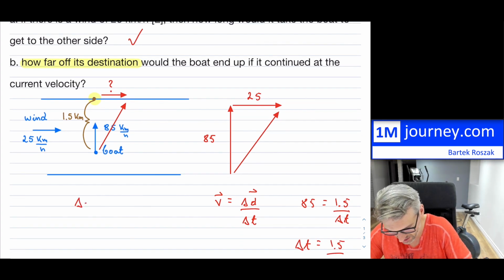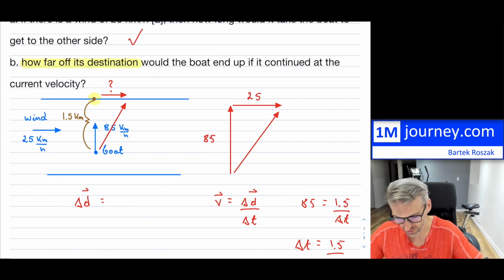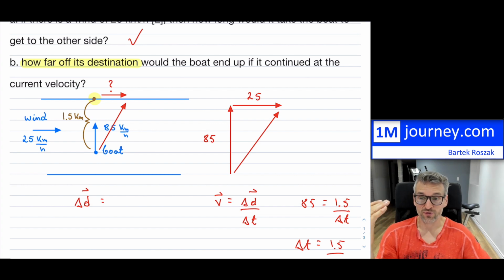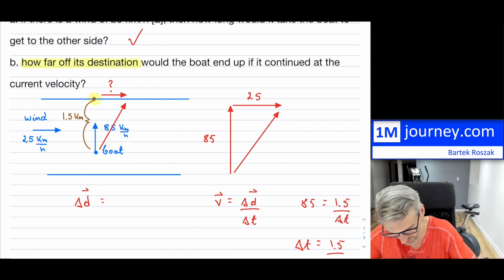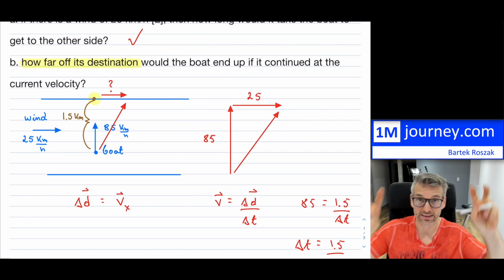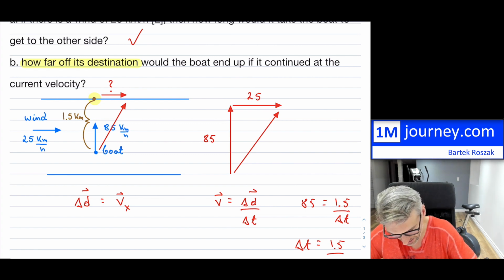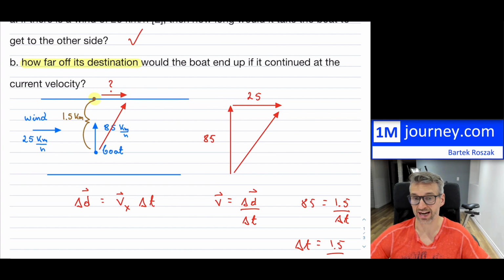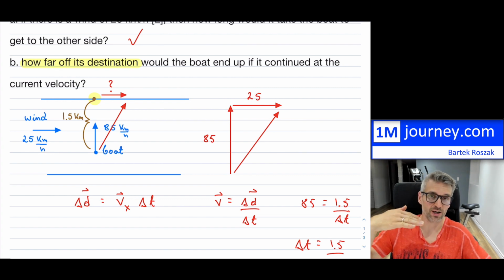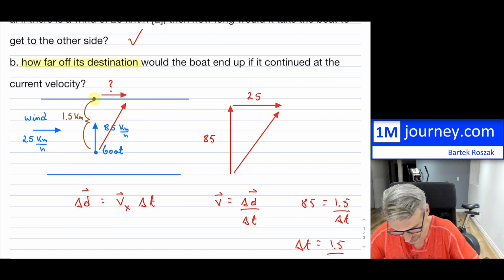The displacement would be equal to your velocity multiplied by the time. This is the velocity in the x direction, or east, because we're moving east, multiplied by the amount of time that the wind was acting on the boat, which is the total time it took to get to the other side.